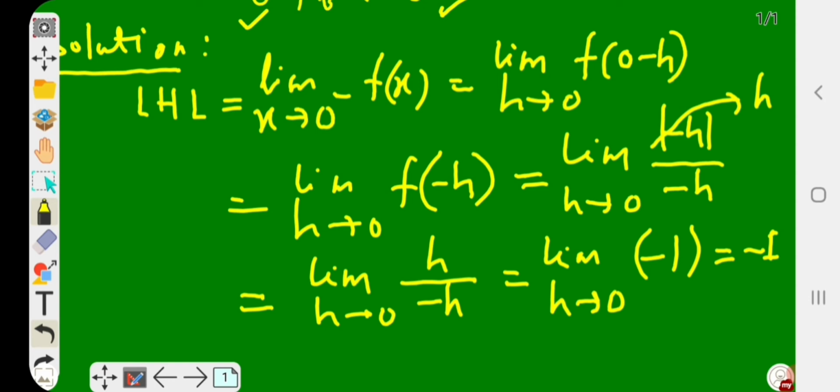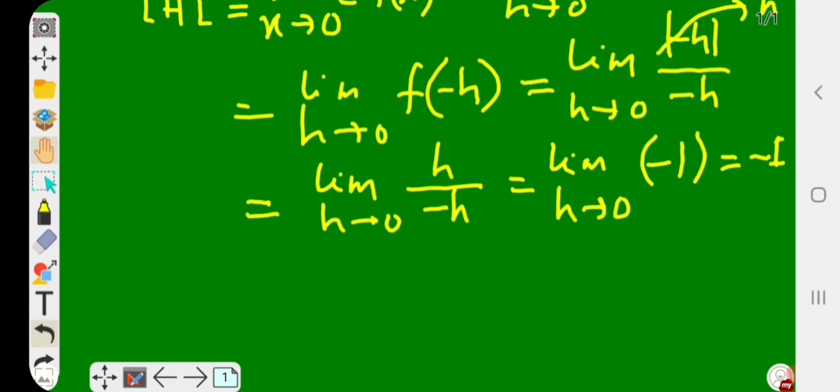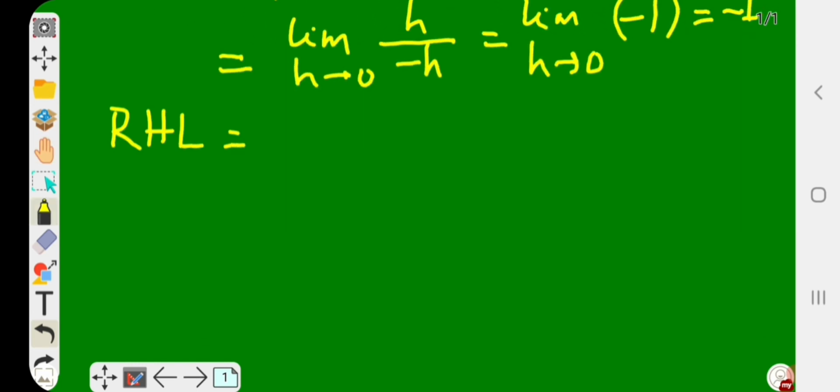Similarly, we shall find the RHL, right hand limit. So limit x tends to 0 from the right hand side.